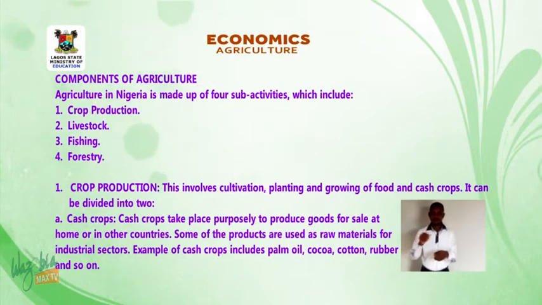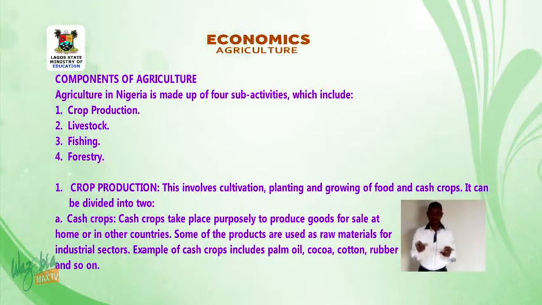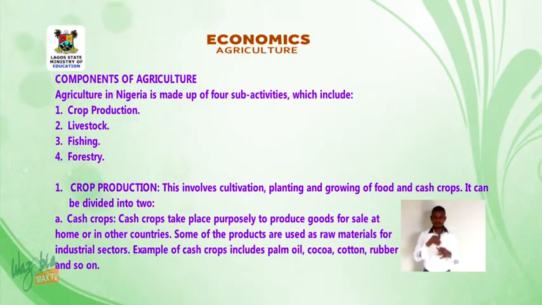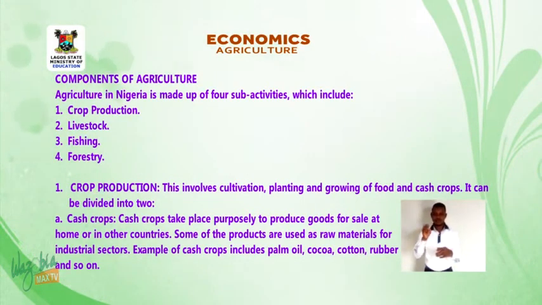A. Cash crops. Cash crops are grown purposely to produce goods for sale at home or in other countries. Some of the products are used as raw materials for industrial sectors. Examples of cash crops include palm oil, cocoa, cotton, rubber, and so on.